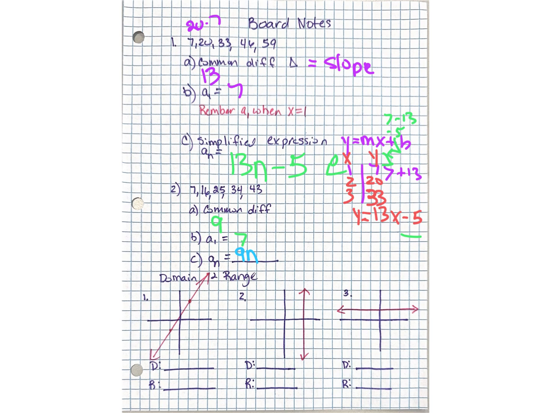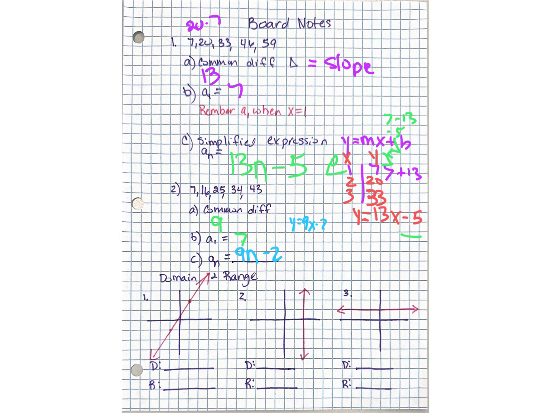And 9 times 1 is 9. What do I need to do to get to 7? From 9, I would have to subtract 2, so minus 2. And again, to check your answer, go to y equals, type in 9x minus 2, and these values, starting when x equals 1, should show up in your table.